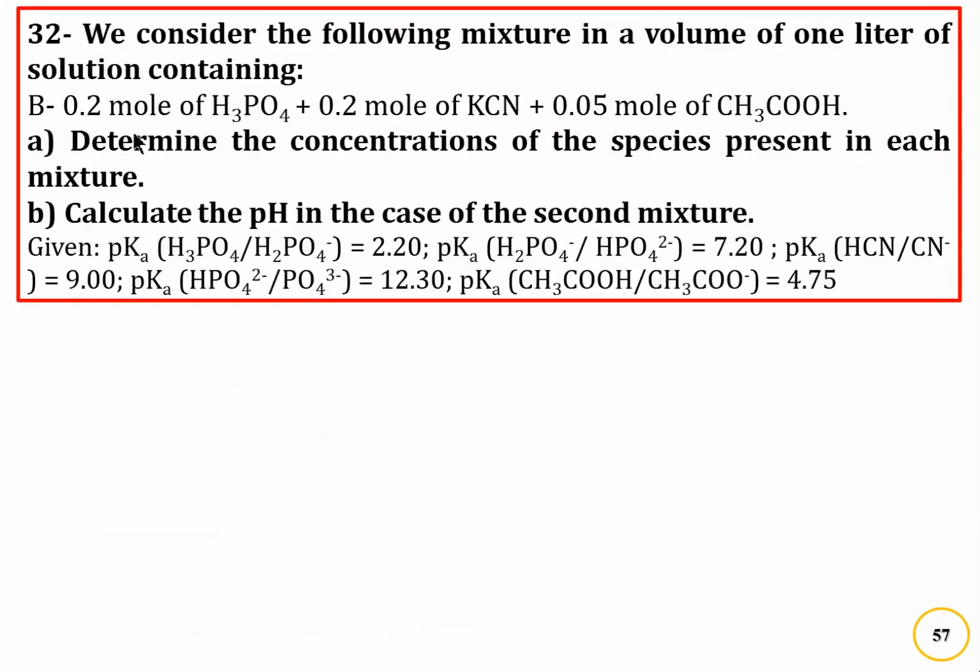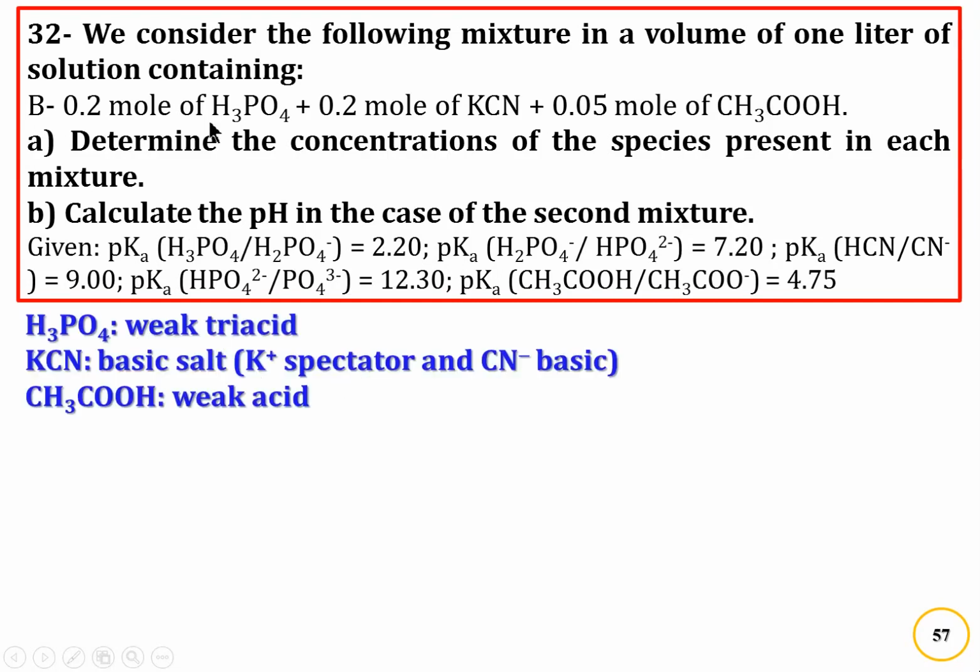Now we mix 0.2 mole of H3PO4 with 0.2 mole of KCN and 0.05 mole of CH3COOH. We have to determine the concentration of the species present and the pH.